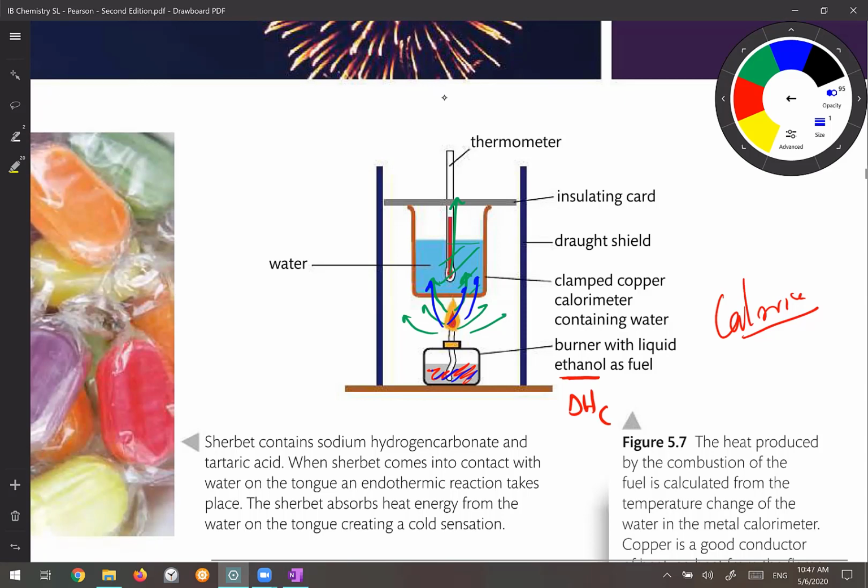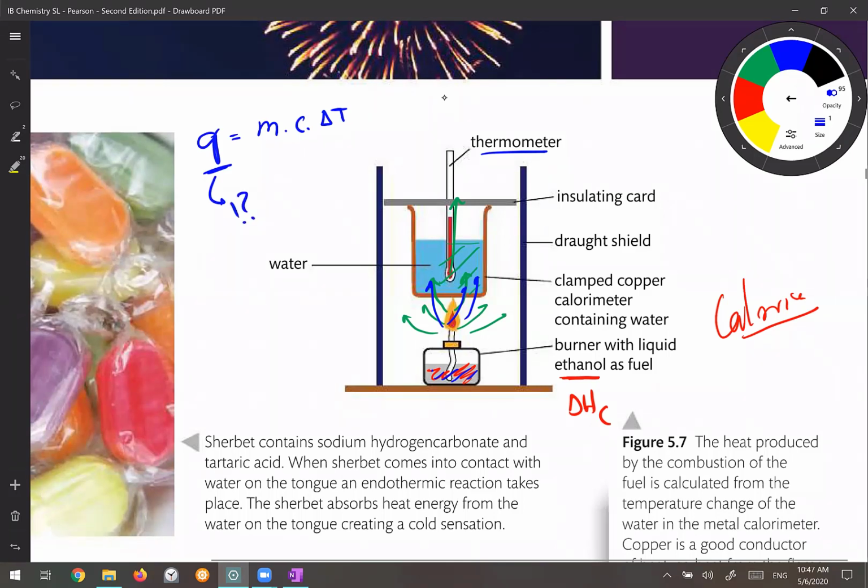Here we know how much water is inside because we have measured it. We put the water here. We know the specific heat capacity of the water. By the thermometer, we can find the initial and final temperature of the water before burning and after burning of the ethanol, so we can find delta T. If we multiply the mass by the specific heat capacity by the temperature change of the water, we can find the Q. But what is this Q?